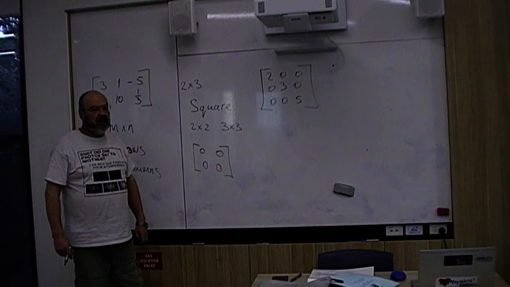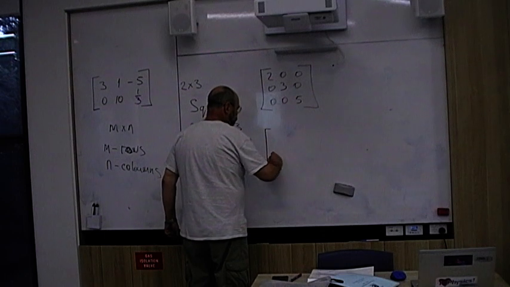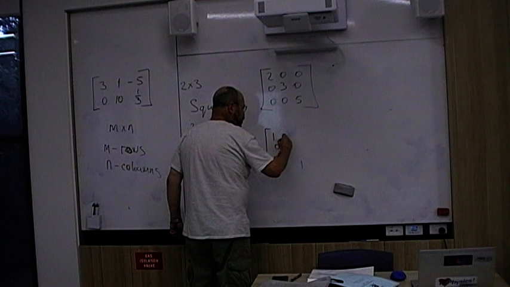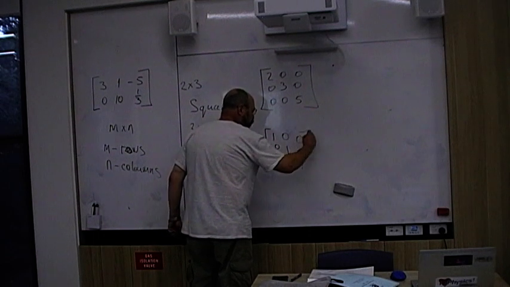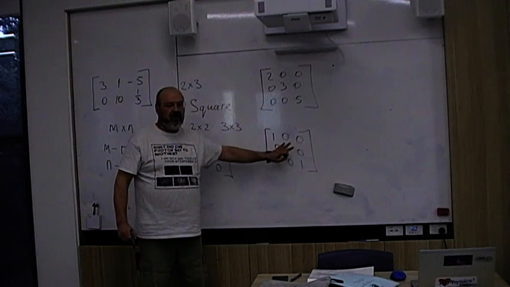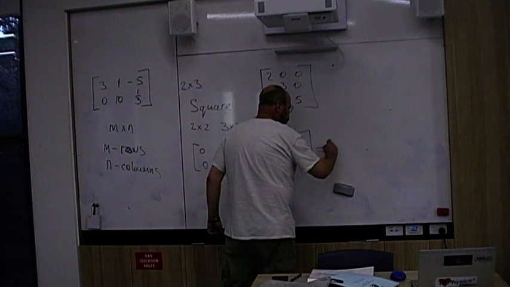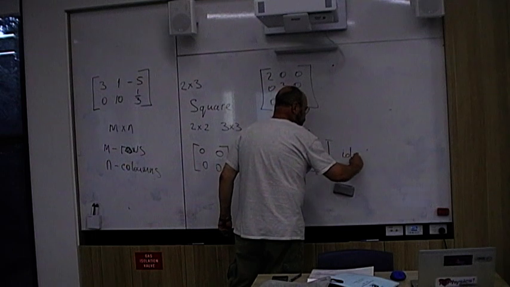And one diagonal matrix which has ones on the diagonal, everything else is zero, and can be 2 by 2, 3 by 3, 4 by 4. When the diagonal is all 1s and everything else is 0, it's called the identity matrix, denoted with a capital letter I, for identity.